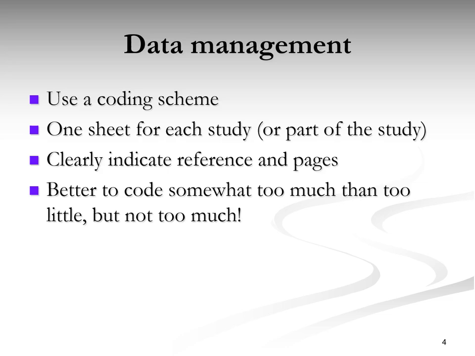It's better to code a characteristic too much, even if you will not use it afterwards, than one too little. But of course, also pay attention. If you have a very long coding scheme, so if you want to extract a lot of information, it can also be very time consuming. So also think about what information you will use afterwards, so that you do not code far too much.